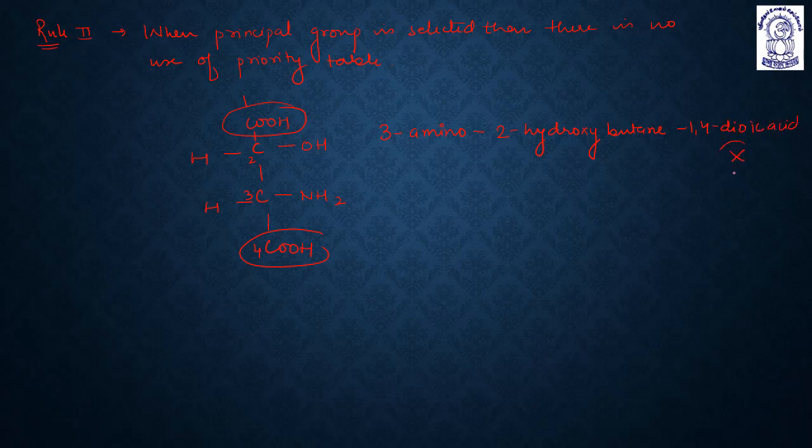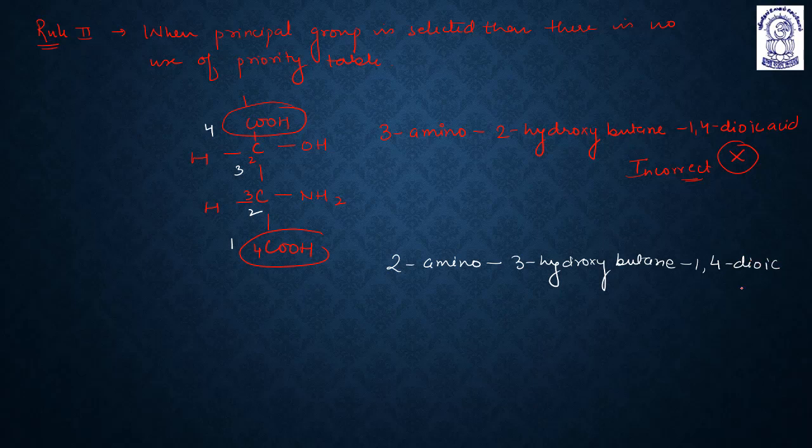But this is incorrect. This is incorrect, because between amino and hydroxy, the amino group will come first. So the numbering will be like this: 1, 2, 3, and 4. So it will come 2-amino-3-hydroxybutane-1,4-dioic acid. Okay, this is correct.